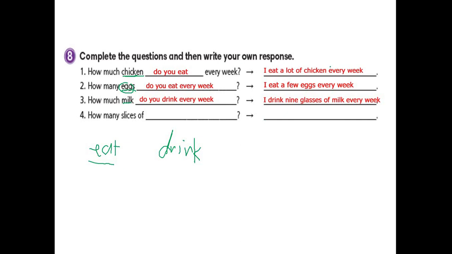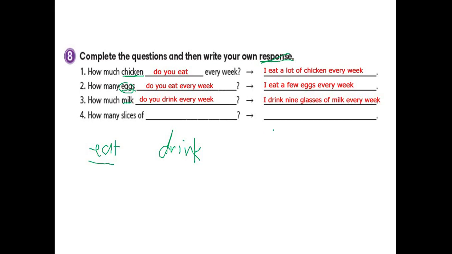Now, teacher, why is it 9 glasses of milk? Why can't we just say I drink a lot of milk, or I drink a little milk? Okay, as I have said, the answer is based on you. It depends on you and how you answer the question. But in your book, this is the guide on how you answer it.